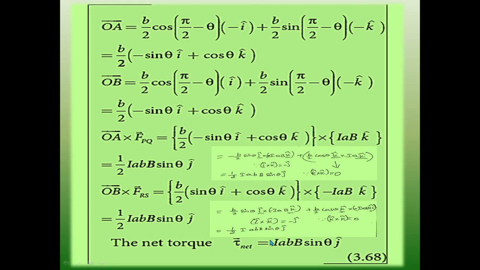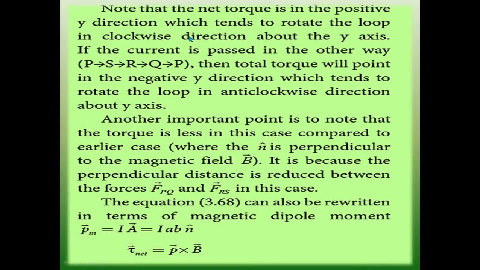So the net torque along OA and OB, the net torque vector, is equal to I small a small b capital B sin theta into j cap. Next, note that the net torque is in the positive y direction, which tends to rotate the loop in clockwise direction about the y axis.